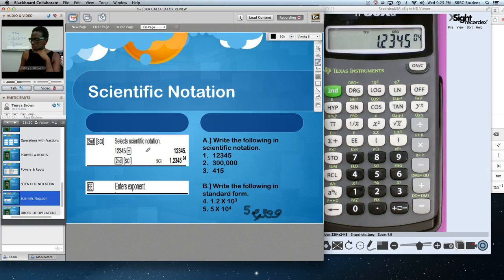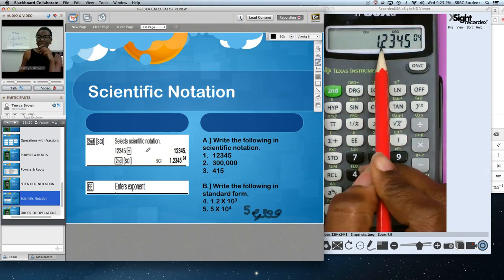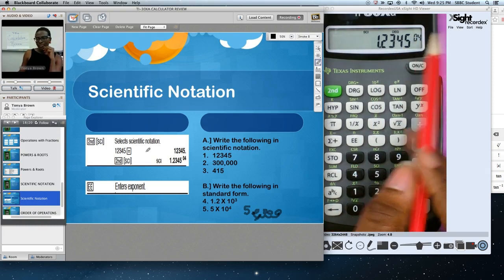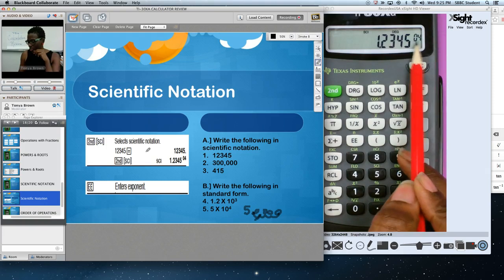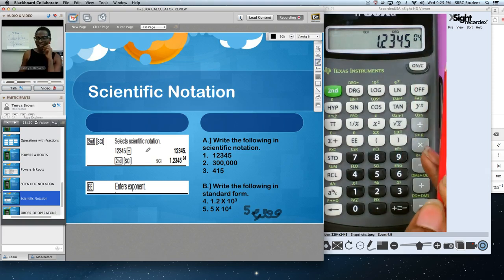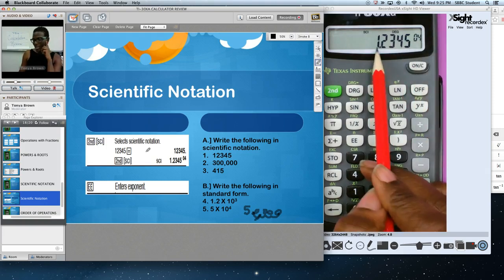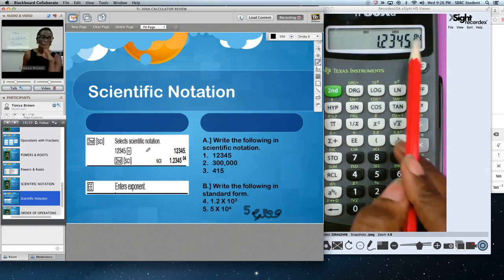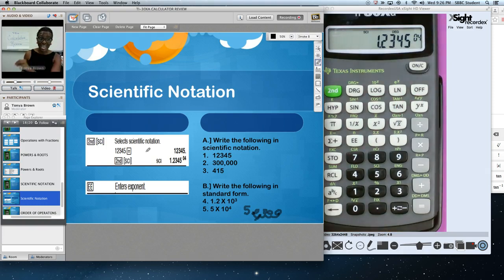It's 1.2345 times 10 to the 4th power. Again, it's 1, 2, 3, 4, 5 times 10 to the 4th power, and that is how you write that in scientific notation. You cannot forget your times 10 when you are writing your responses down.